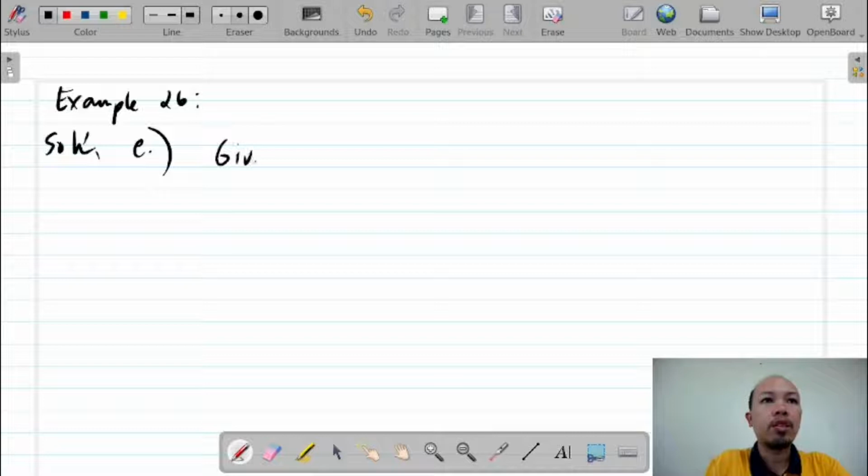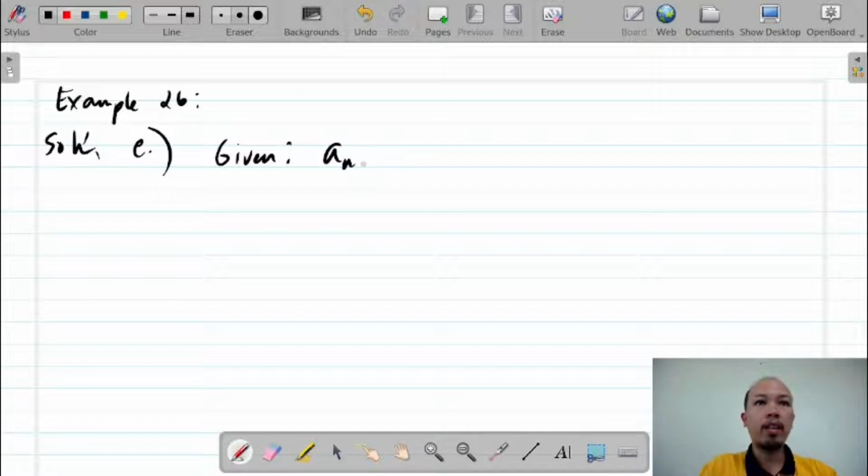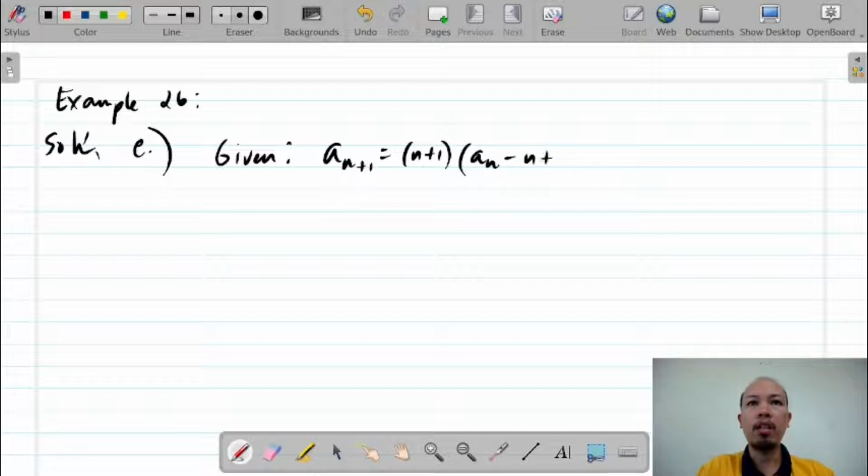So let's recall the given first. We have a sub n plus 1 is equal to n plus 1 times the quantity a sub n minus n plus 1 for n greater than or equal to 0 and a sub 0 is equal to 1.